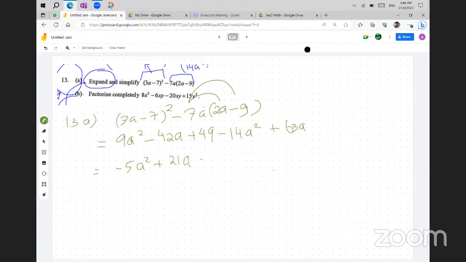Then plus 49. Which is actually just 21a minus 5a² plus 49. Isn't that, you just stop here, by the way. Oh, that's the answer. Is it okay that you stop here, or do you feel the need to continue?